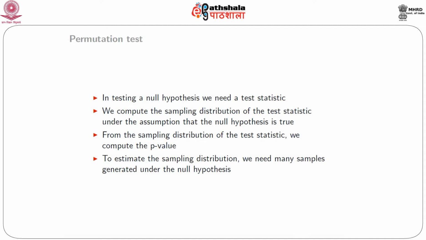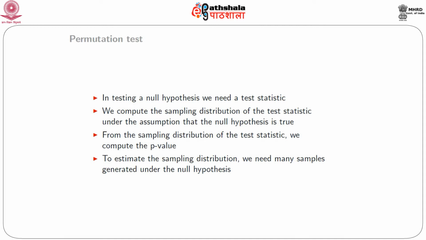In classical testing, for some test statistics and some null hypotheses this can be done analytically, and from that we can calculate the p value, assuming the null hypothesis is true, and base our decision about the hypothesis on it.